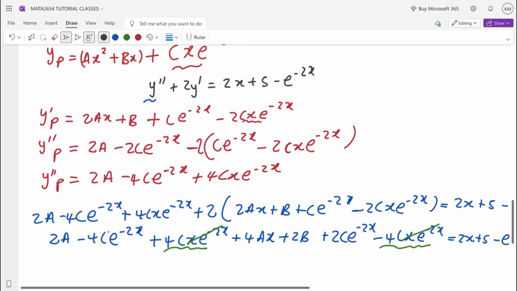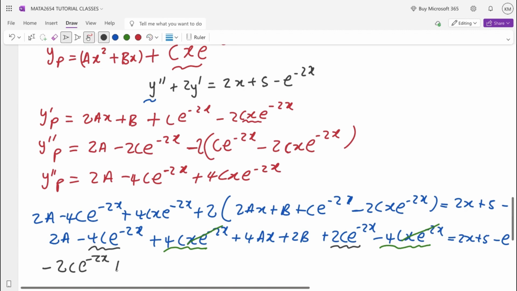If we check out this, minus 4c e to the minus 2x, it has a like term, this one. So from that we get minus 4 plus 2, that will give us minus 2c e to the minus 2x. Is that all? Yes, basically for this, that is all.